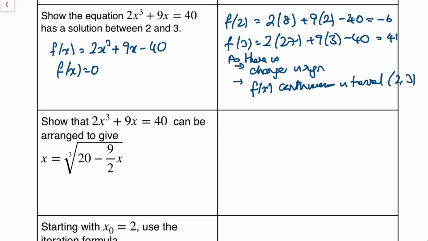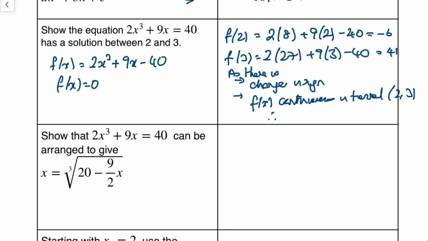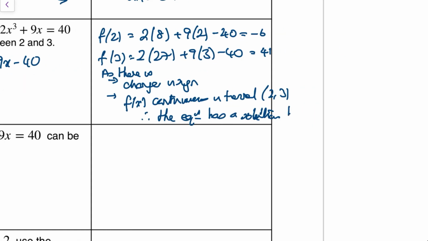In other words, there are no breaks in the function. Therefore, what am I asked? Show that the equation has a root. So therefore, the equation has a solution between, my writing is terrible today, I don't know why, between 2 and 3. Long day at school, clearly.